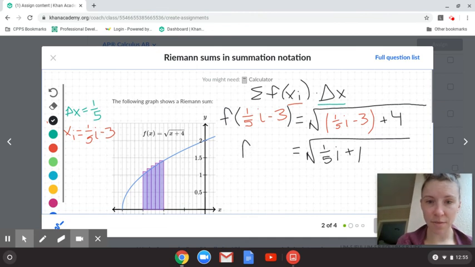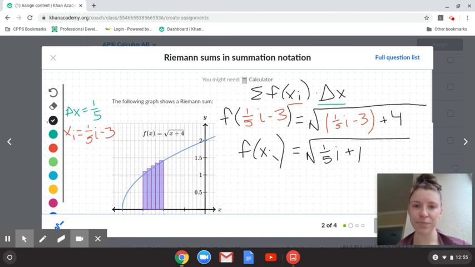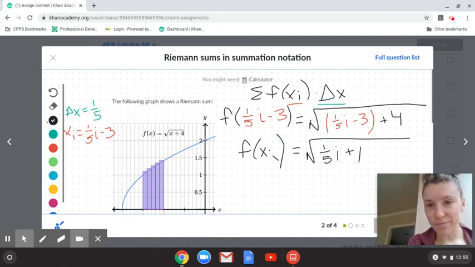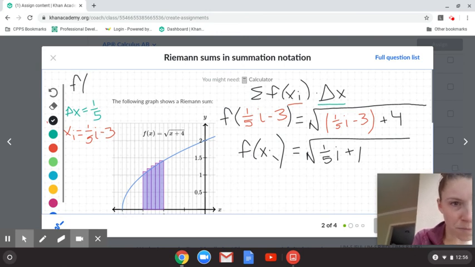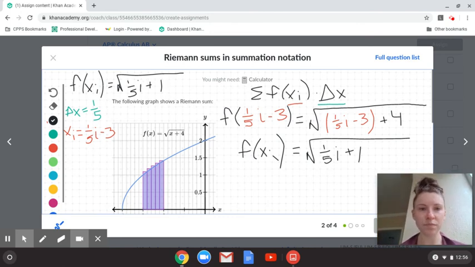That is my f of x sub I. All right, let's write that at the top. So we have that for later. One-fifth I plus 1. Cool. So let's erase.